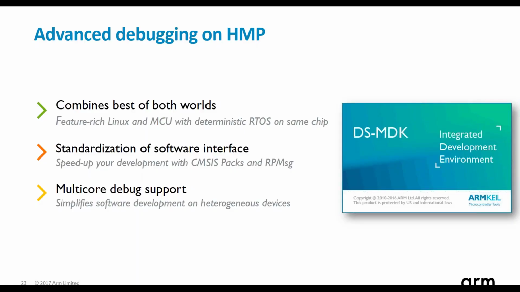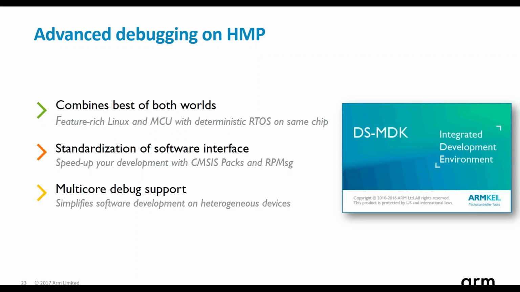So in summary, heterogeneous devices have very good advantages. We have a feature-rich Linux, a complex operating system, running on the Cortex-A side, as well as a real-time RTOS running on the MCU on the Cortex-M side.